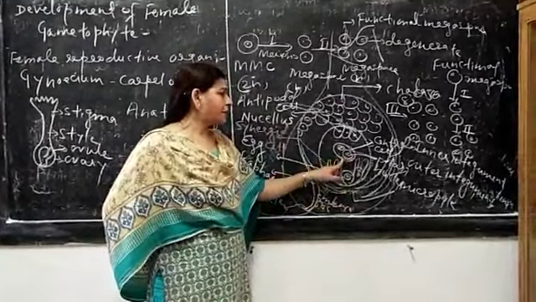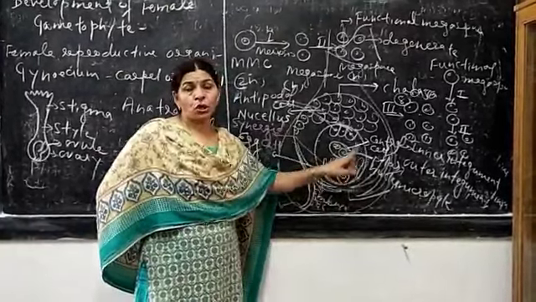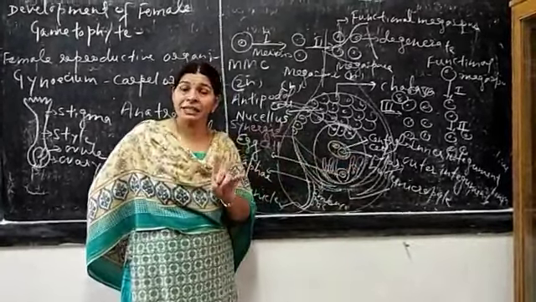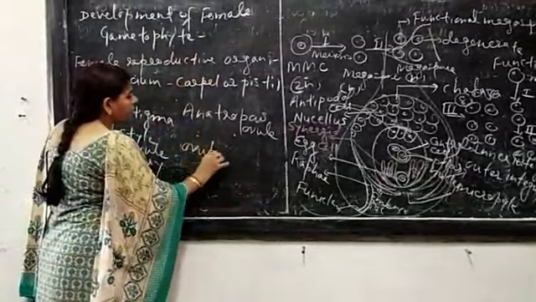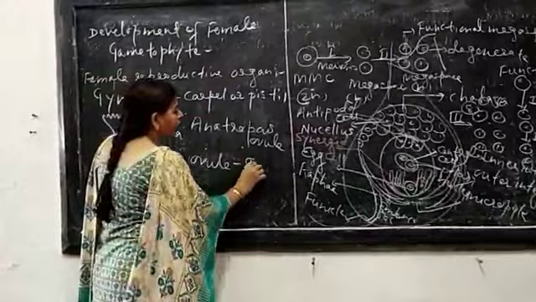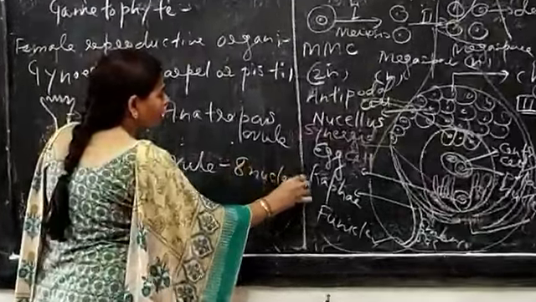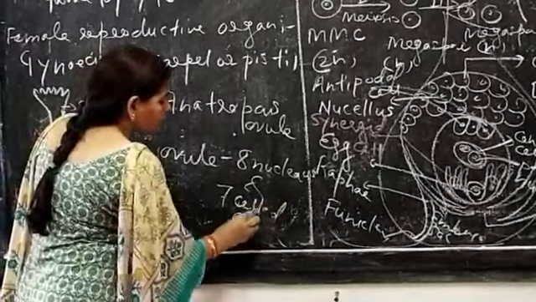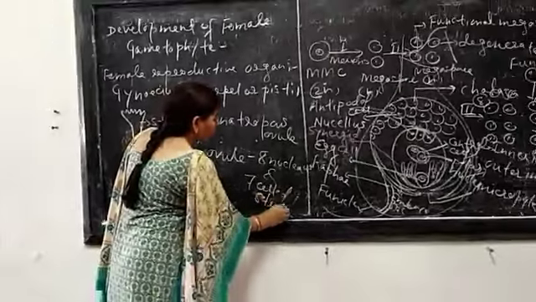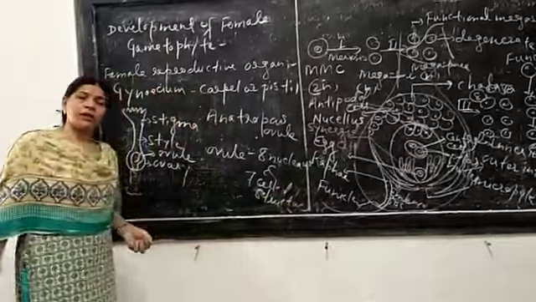And 1 is the central cell with the 2 polar nuclei. So 8 nuclei and 7 cell structure. So finally, the ovule consists of the embryo sac, within which are 8 nuclei and a 7-cell structure. This is the female gametophyte of flowering plants.